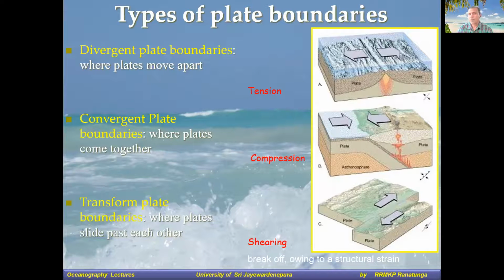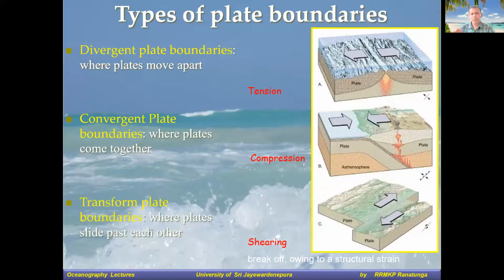That's what happened in Japan. If you remember, about 10 years back, a huge tsunami was generated after an earthquake, and that is because of this kind of divergent plate boundary, where two plates were moving away and they eventually broke under huge tension, and that caused that tsunami.